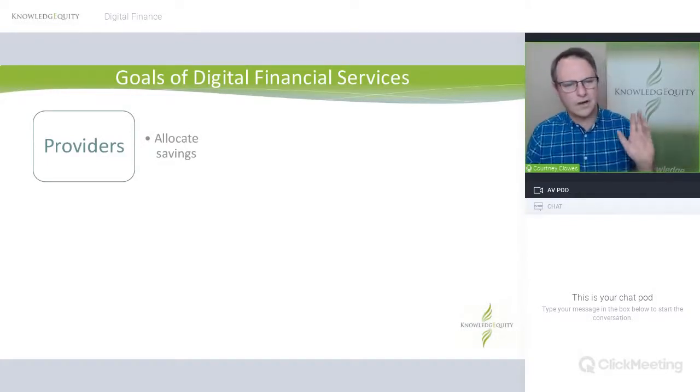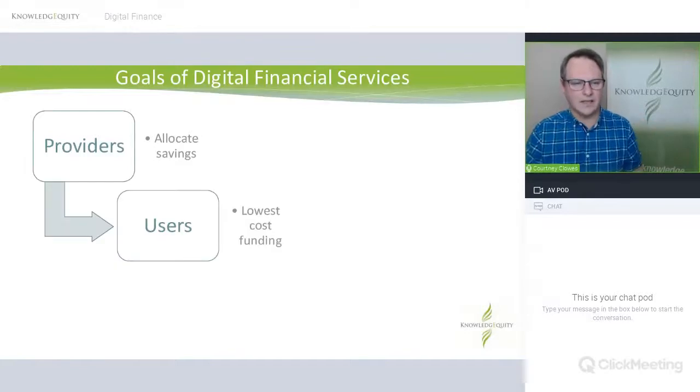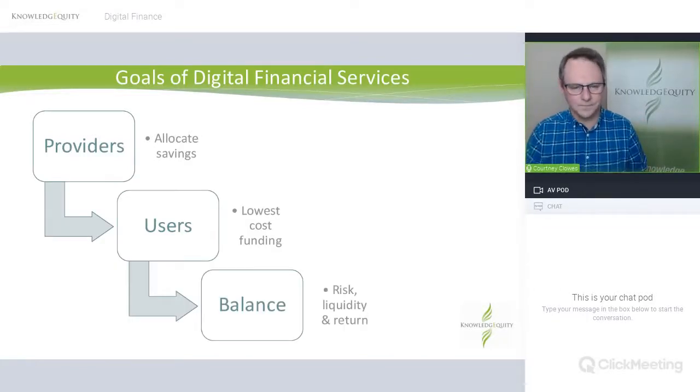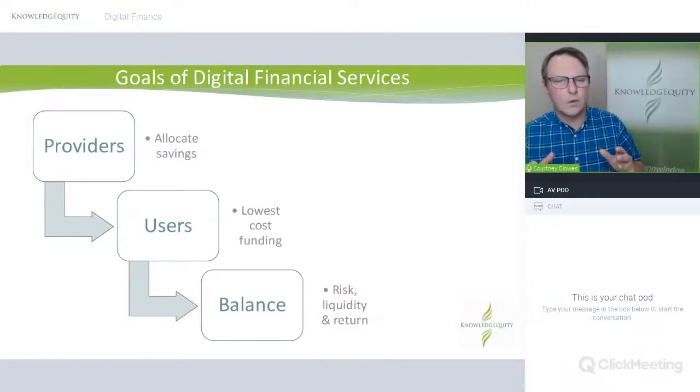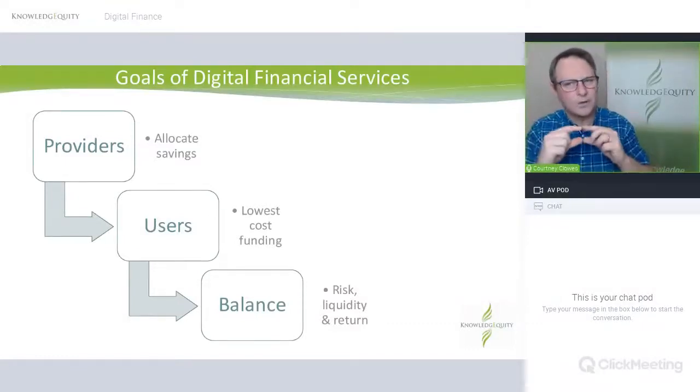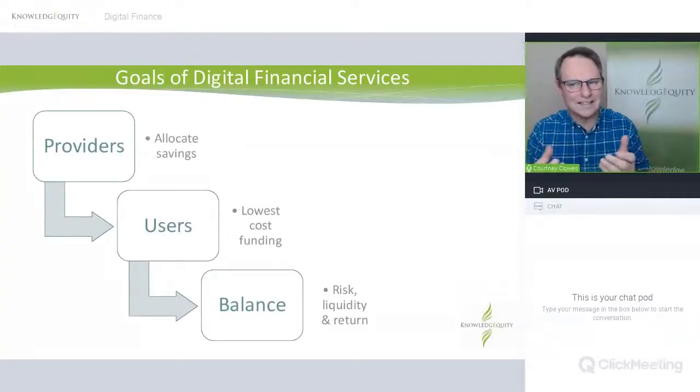So our overarching goal: the providers want to allocate savings, the users want access to the lowest cost funding, and if it works smoothly, we'll balance risk and liquidity and return, because problems arise when there is not a perfect match. That's why we have banks in the middle, for example.